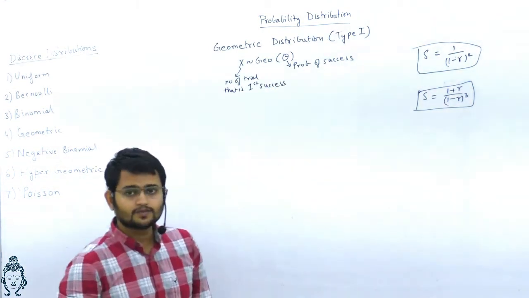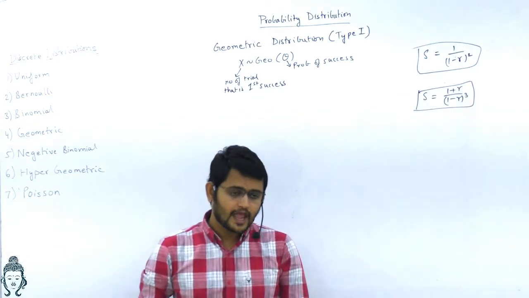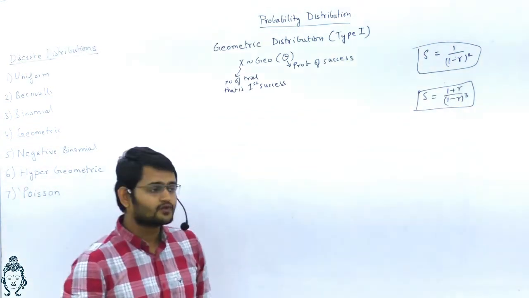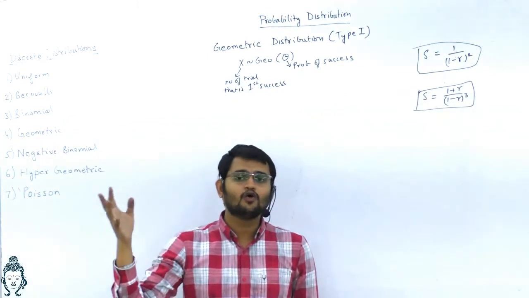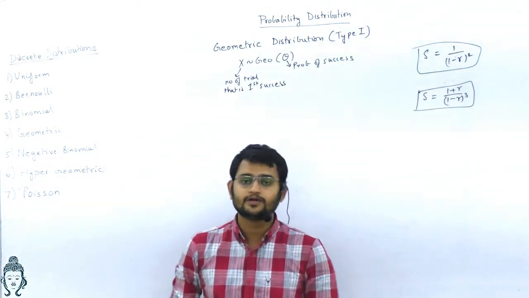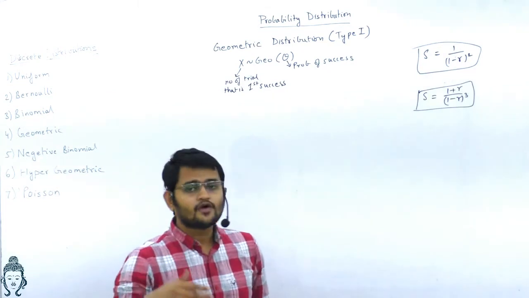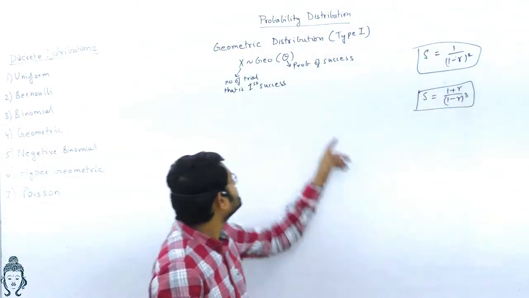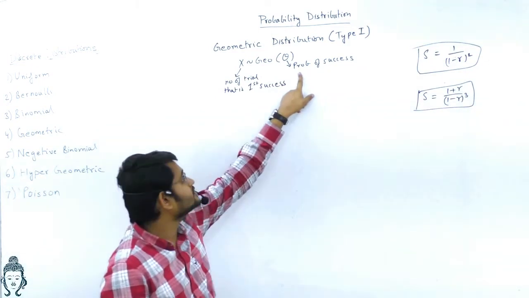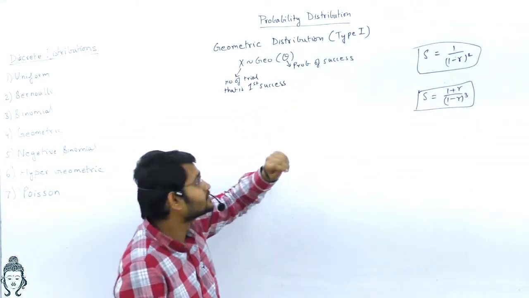Now let's assume I am a telecaller and I am selling something on the phone. Due to my past experience, I may know how many calls are required to make a particular sale. So let's say every 100 calls I make 3 sales. So theta, the probability of success, is going to be 3 by 100 or 0.03.